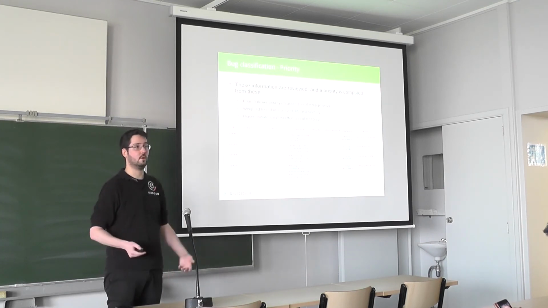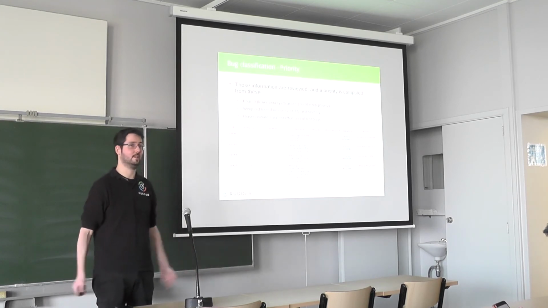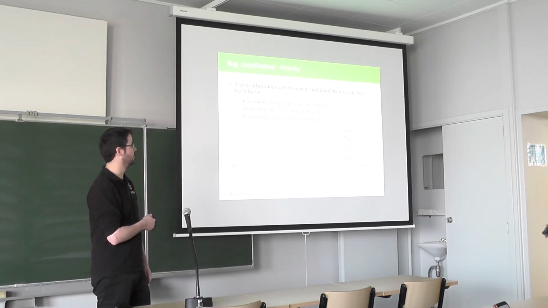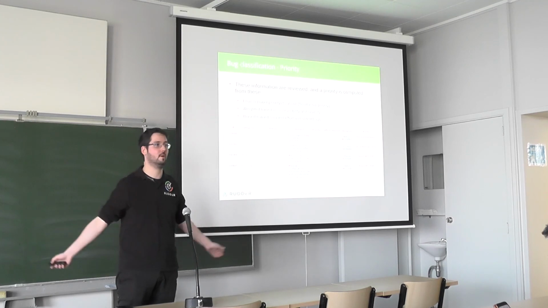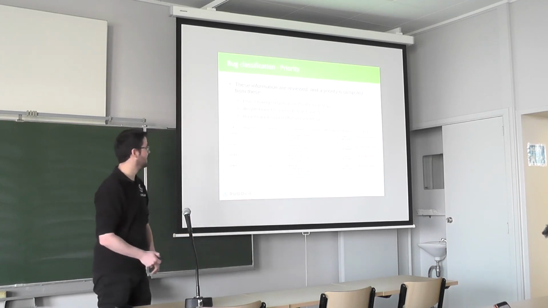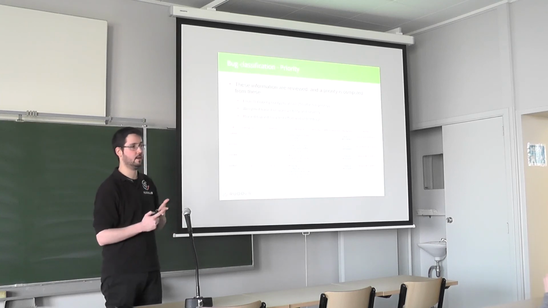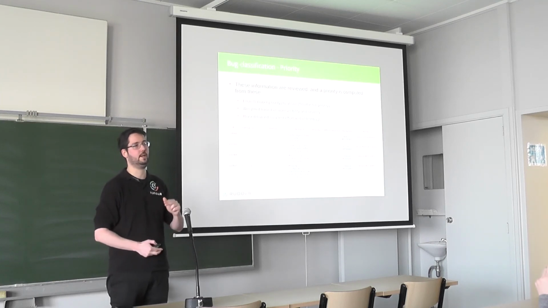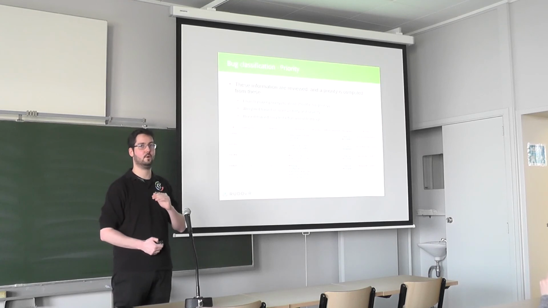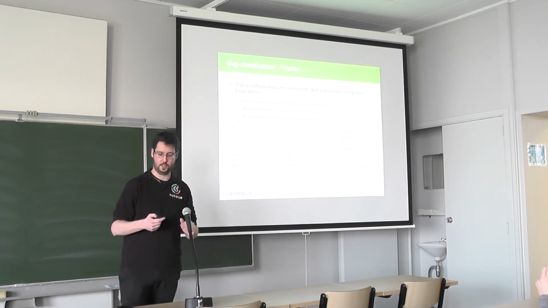From 0, which is, okay, it shouldn't even be there, to more than 150, which is everything broken and we will need to fix that. It's based on the user visibility and on the criticality. So if it's critical and a first impression, then you know it will be very high priority.